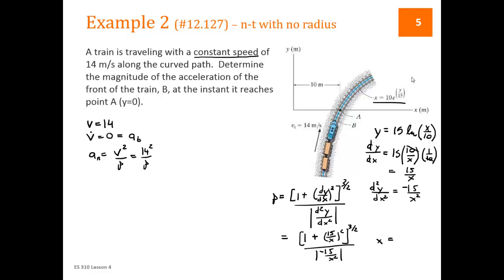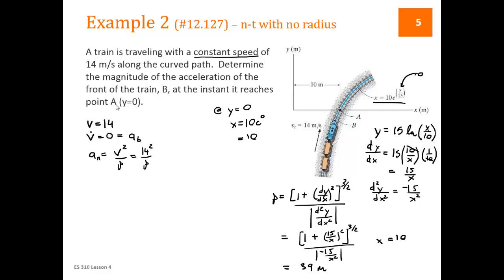At y equal to 0, x is equal to 10 times e to the 0, which is equal to 10. So we plug x equal to 10 down here, and we get 39. So the radius is 39 meters.